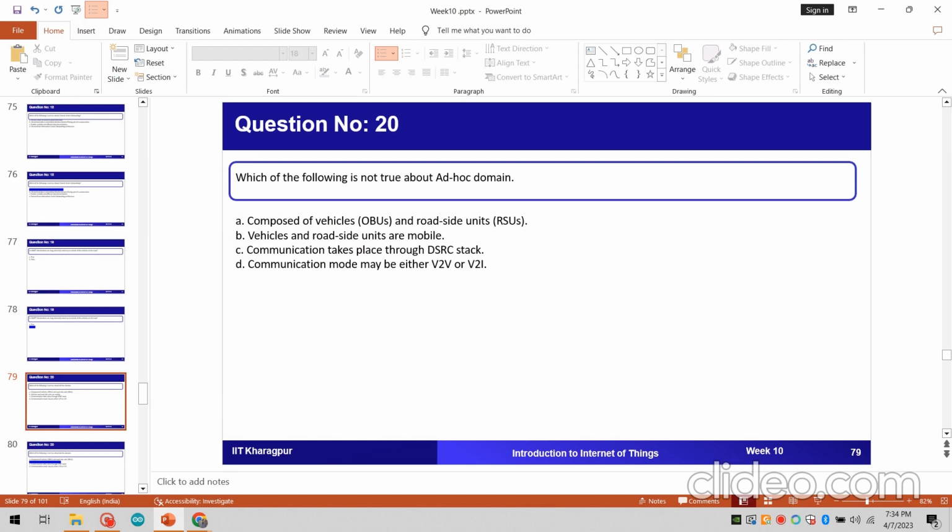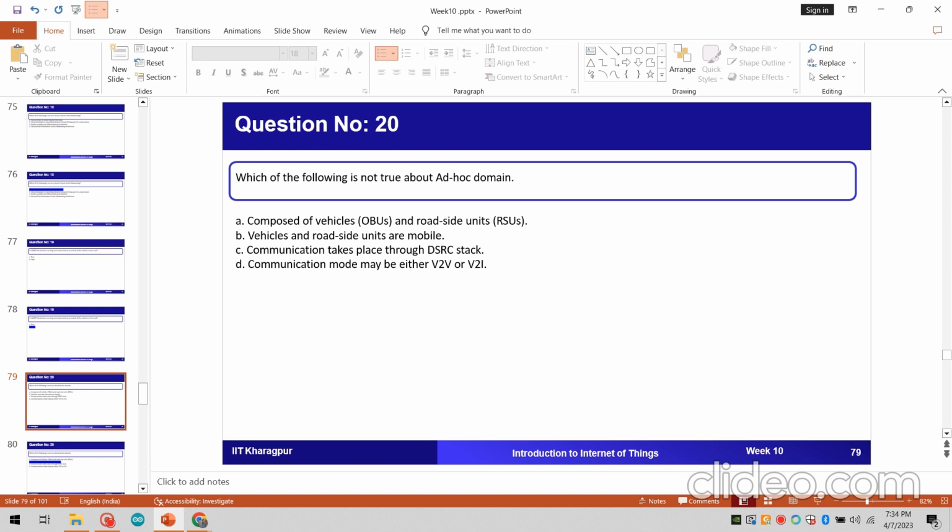Question is, which of the following is not true about ad hoc domain of your V2X paradigm? In that case, communication takes place through your DSRC stack only. So this statement is true.